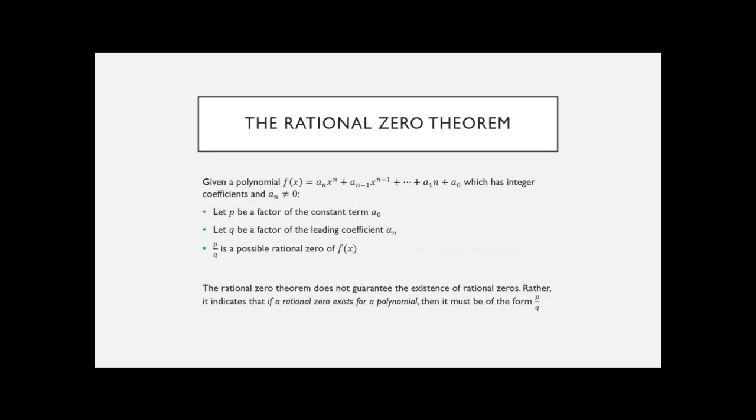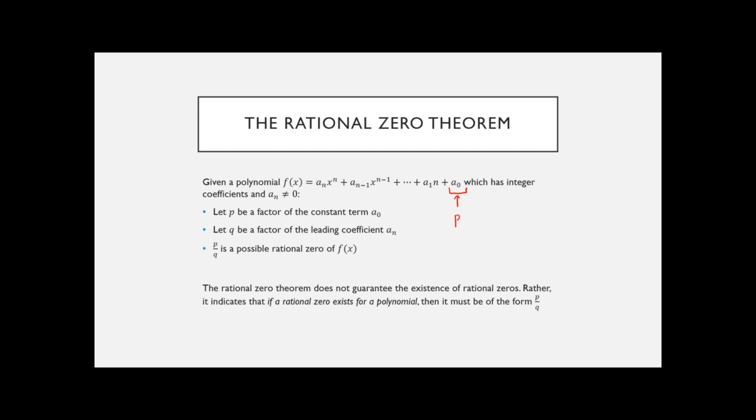So the rational zero theorem is a rule that we can use to try to find zeros of a polynomial. So you have some polynomial, following our rules for polynomials. P is a factor of the constant term. So you've got a polynomial, the number without the variable, the constant term.